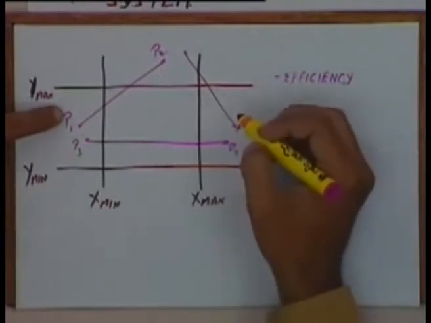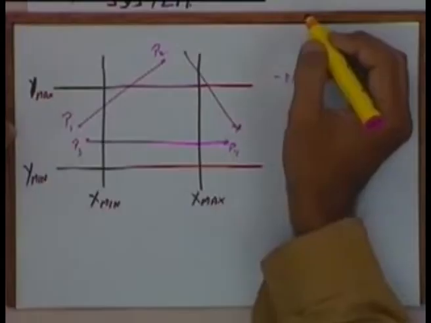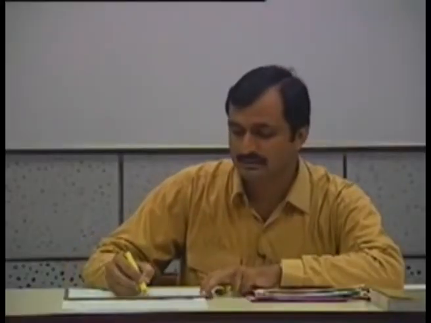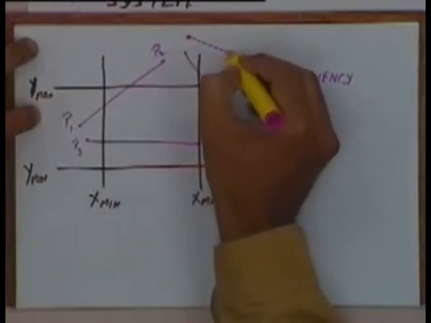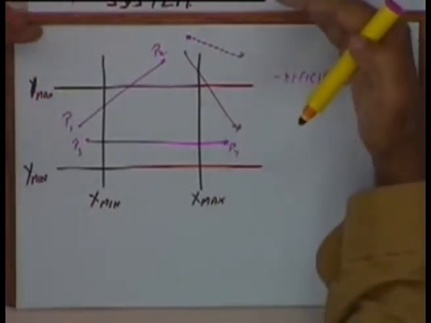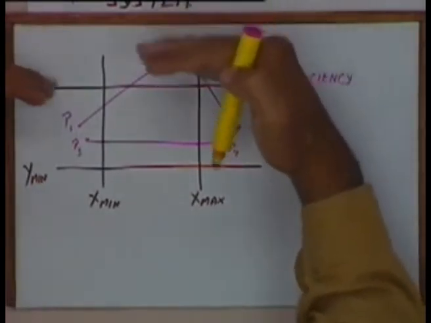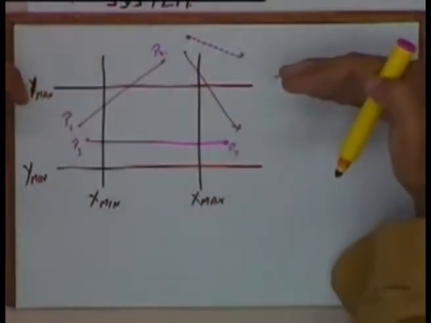One way of increasing the efficiency is that if we can know for sure that some lines are outside, that means let us say if we have a line like this, if a line is outside this window, I should not try to find out the intersection of this line with each of the four boundaries.